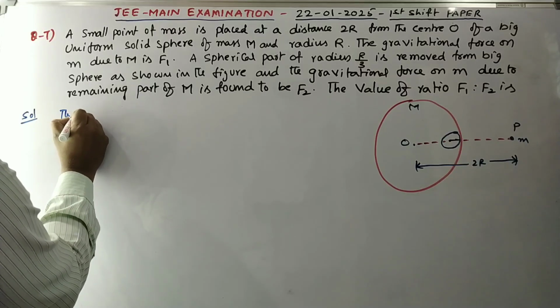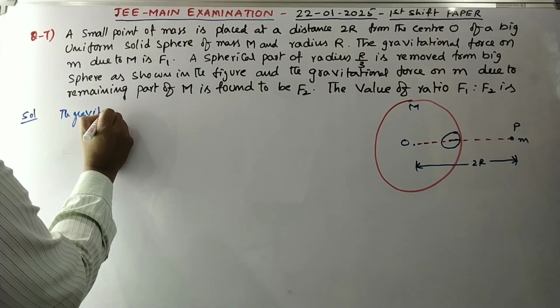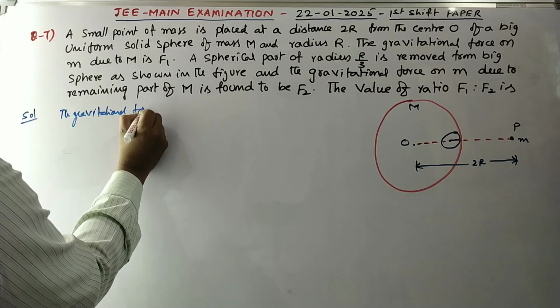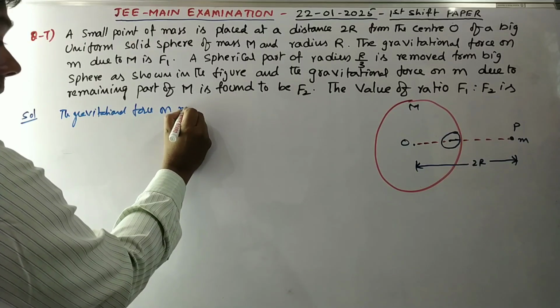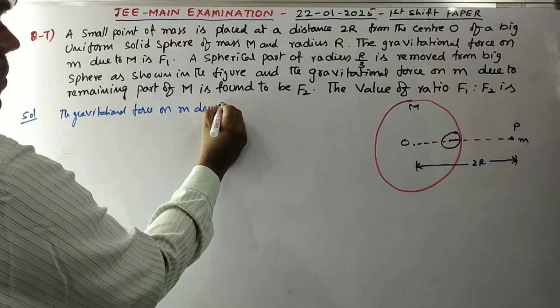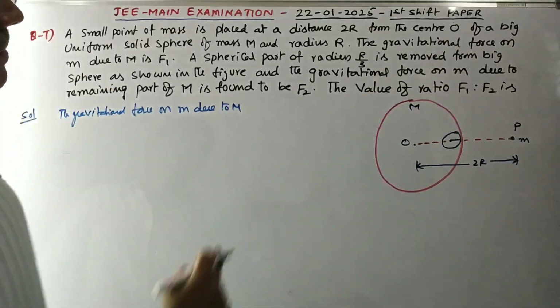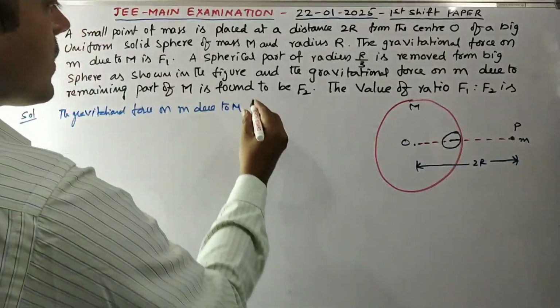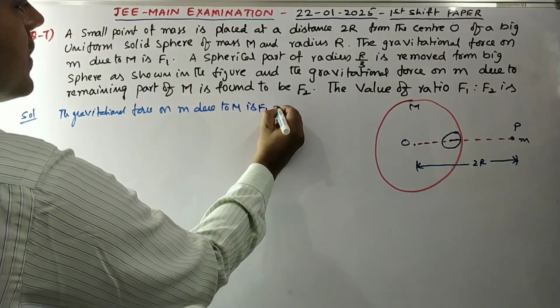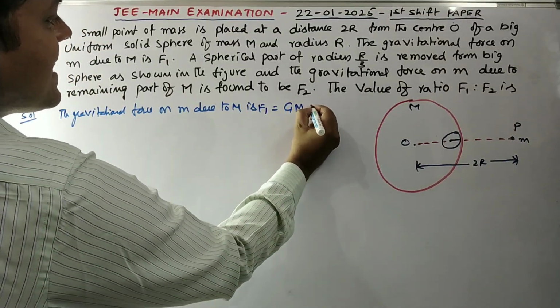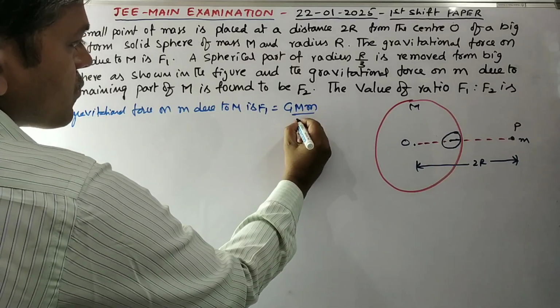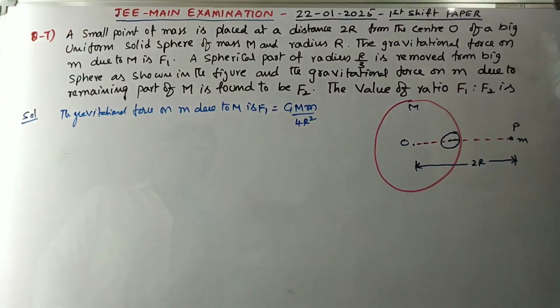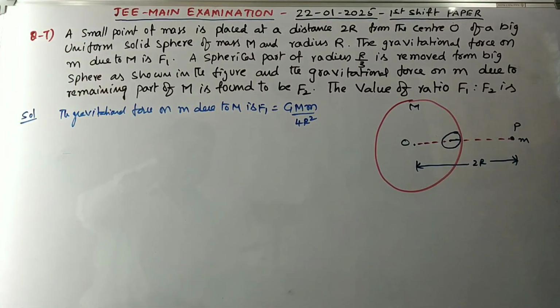The gravitational force on small m due to capital M is F. So the gravitational force F1 is equal to GMm by 2r whole square, that means 4r square.